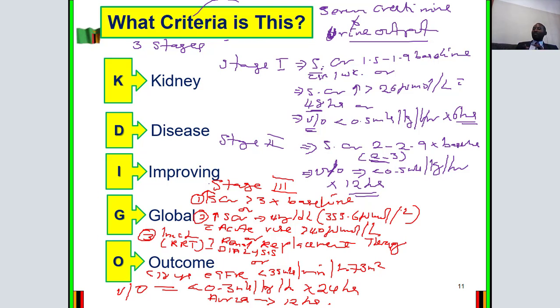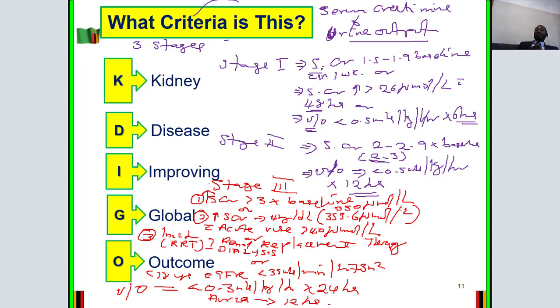That's giving us about 353.6 micromoles per liter, with acute rise of greater than 40 micromole per liter. That is diagnostic. So sometimes even if you write 350, we still give you a mark. Yes, it's still in stage 3.